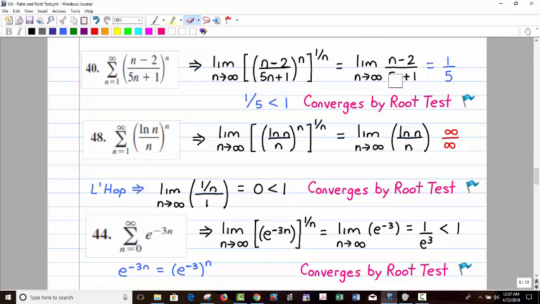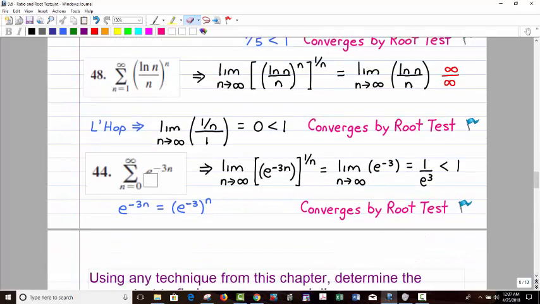You don't have to do L'Hopital's rule when we're talking about just powers of n, but since we have an ln there, we need to, since you're not just matching exponents. The derivative of ln n is 1 over n, and the derivative of n is 1. So we get 1 over n, and the limit of 1 over n is 0. 0 is less than 1, so it converges by the root test.